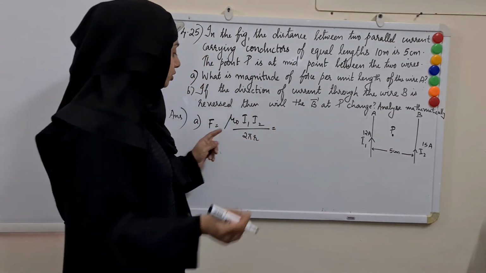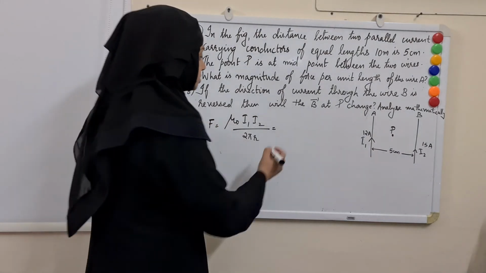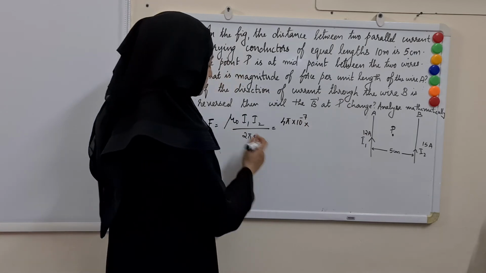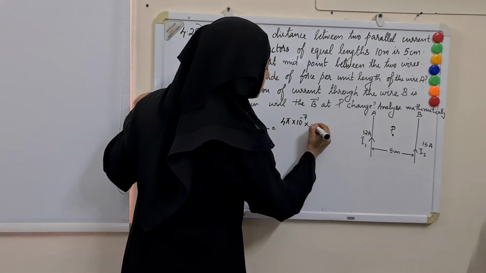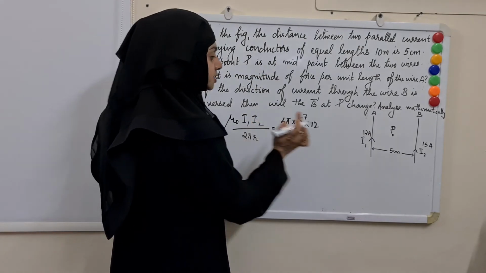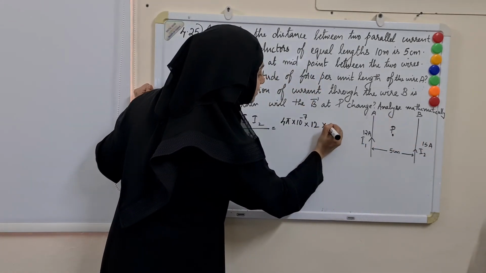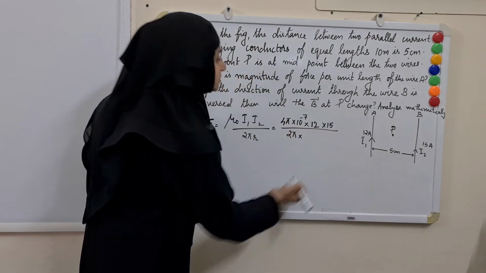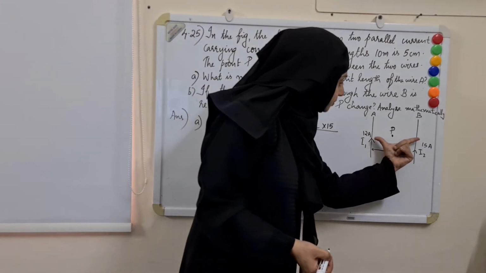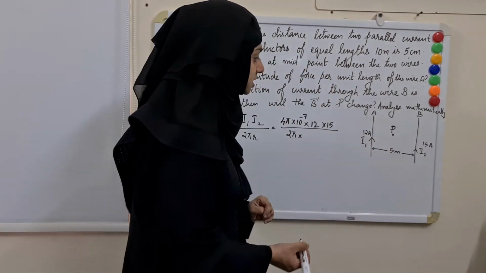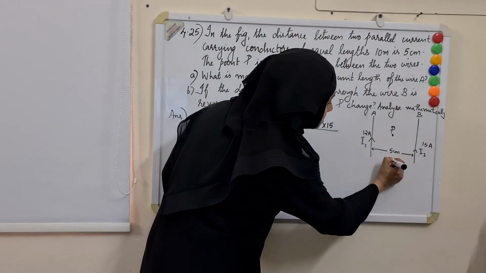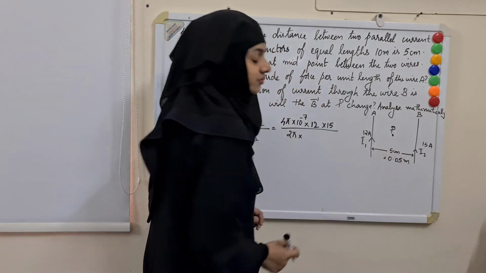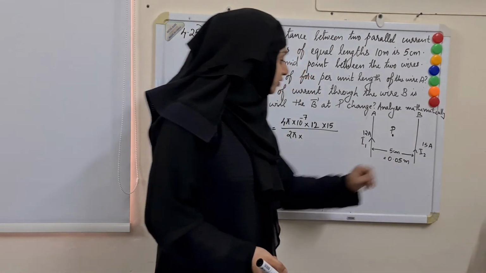Mu naught is a constant, its value is 4 pi into 10 raised to minus 7, times I1, the current here is 12 ampere, I2 is 15 ampere, divided by 2 pi times r. R is the distance separating these two, that is 5 centimeter, which means 0.05 meter. We have to divide by 100.